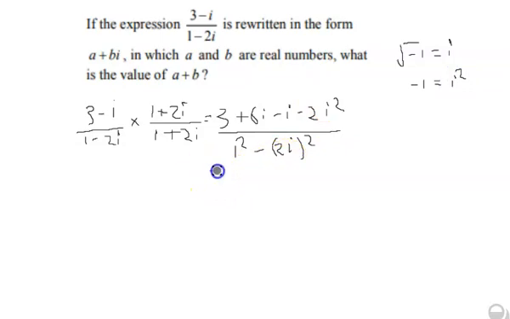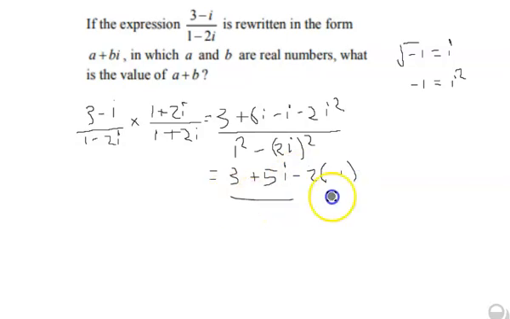So what we have, this is 3. Then 6i minus i will give us plus 5i. Good. Now, what you have here is minus 4i squared. Remember that we said i squared is minus 1.